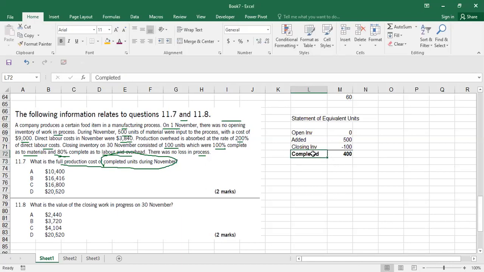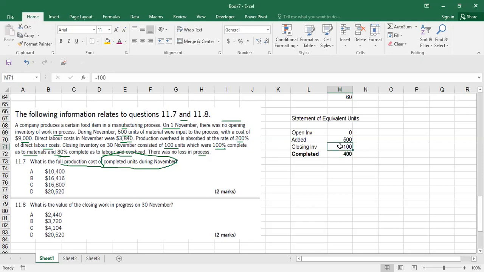Okay, now what do they ask you? You have to find out your total statement of equivalent units, because you've got 400 units which are 100% complete, but you also have some work in process of 100 units, and these 100 units have some degree of completion.